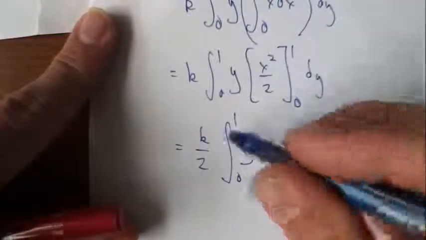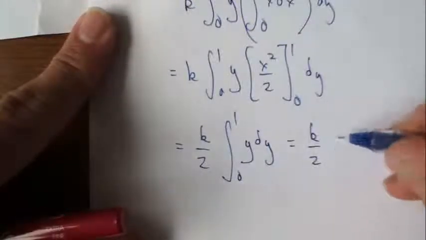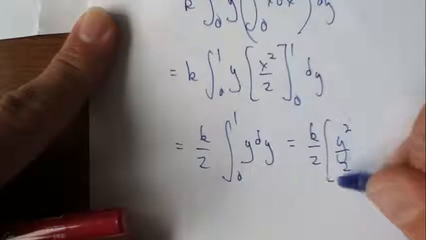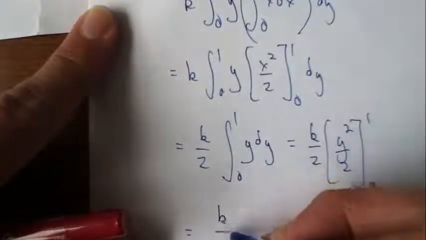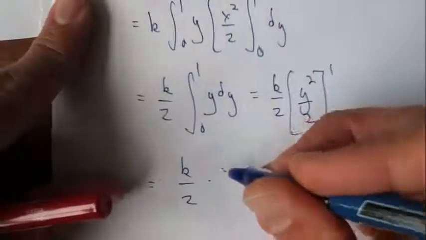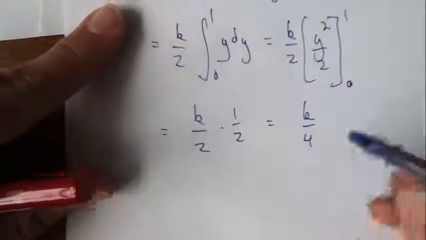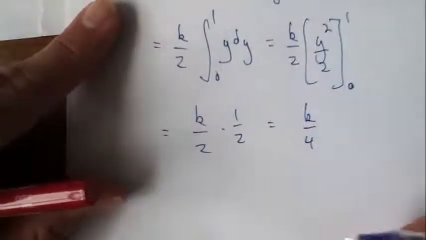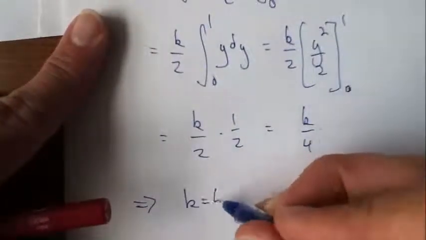Now I'll do this integral. This will be k over 2 times y squared over 2, 0 to 1. It's just going to be a half again, isn't it? So it's k over 4. Remember, all of this stuff is equal to 1. So this means that k equals 4.